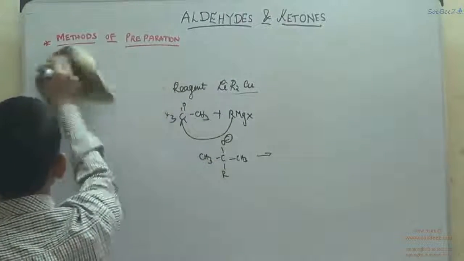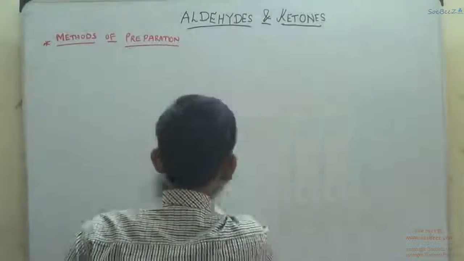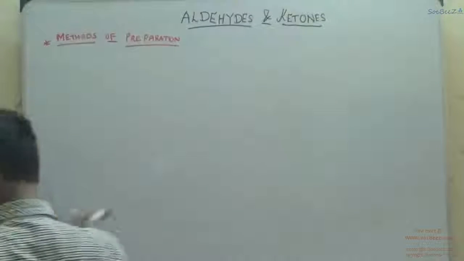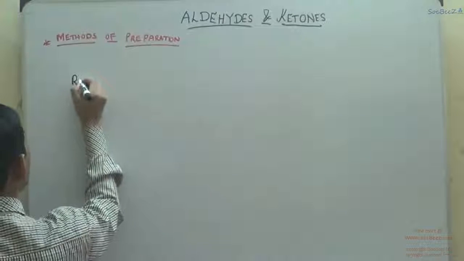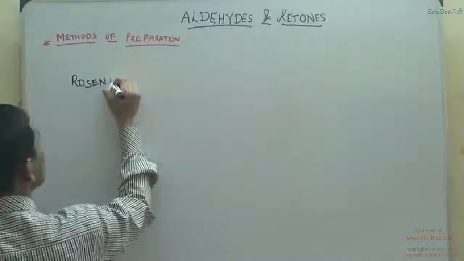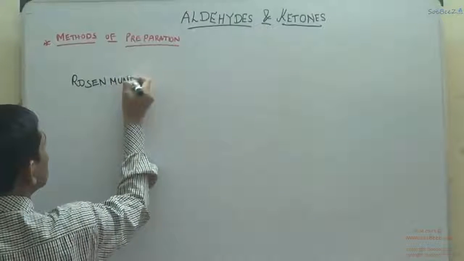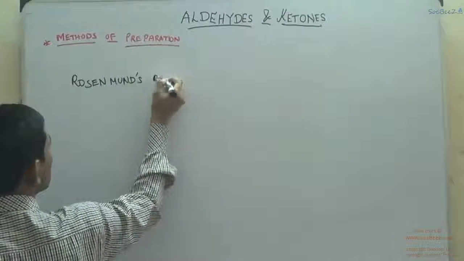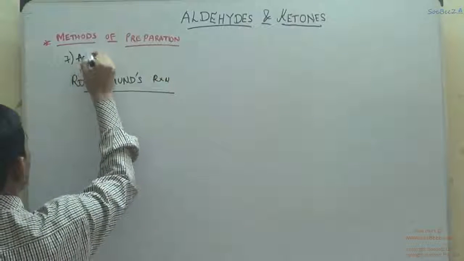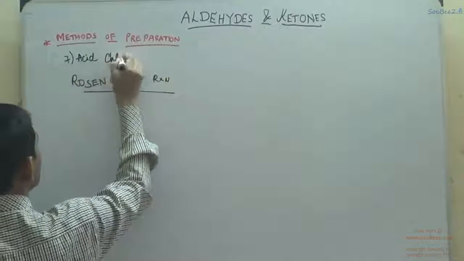Next I'll tell some important reactions. First is Rosenmund's reaction, the seventh method, where I will be taking only acid chlorides.